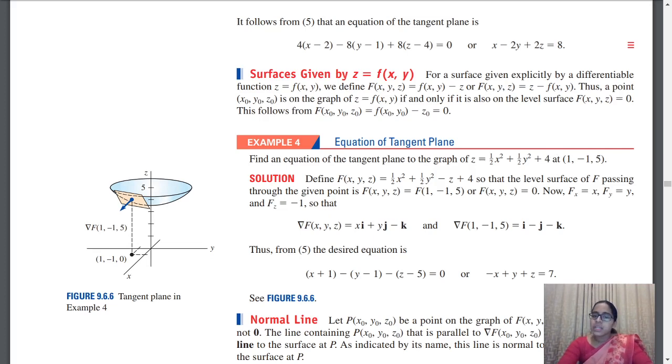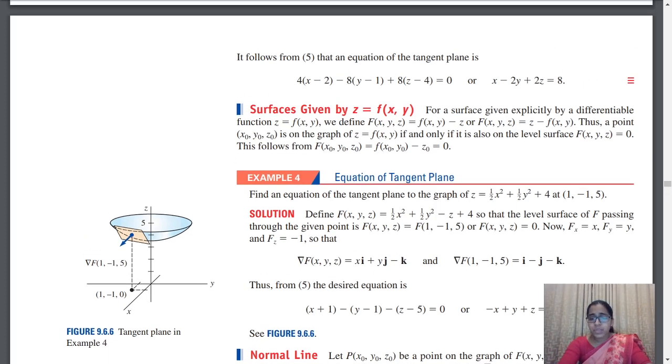Now to apply the theorem again, we have to find whether grad f at the particular point is 0 or not. So what will be grad f? Grad f will be x i plus y j minus k. So grad f at (1, minus 1, 5) will be i minus j minus k. So it is not equal to 0. So using the equation, what do we get?